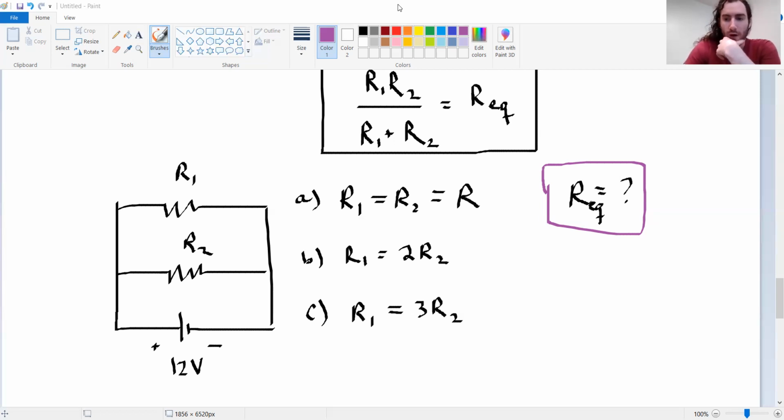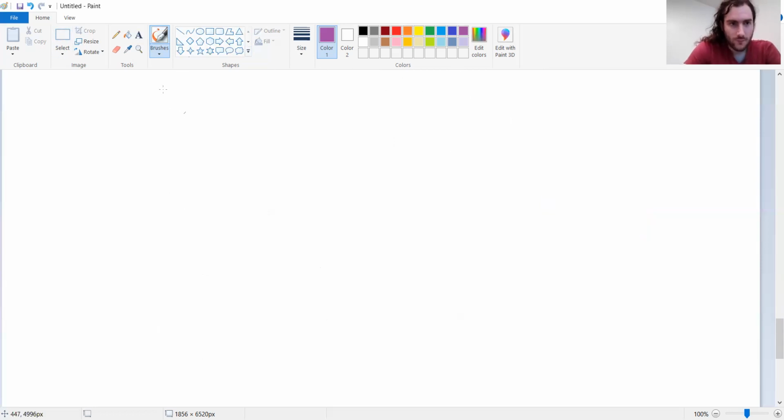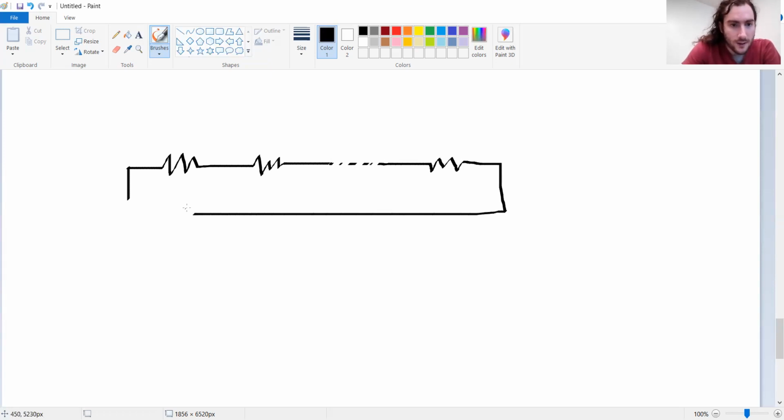Okay, so we'll go ahead and move on to series resistors, since everybody is getting that one. So now we imagine the following scenario where we have two resistors or n resistors connected in series, and then dot, dot, dot out to the nth resistor.